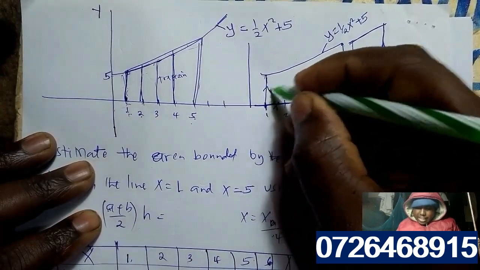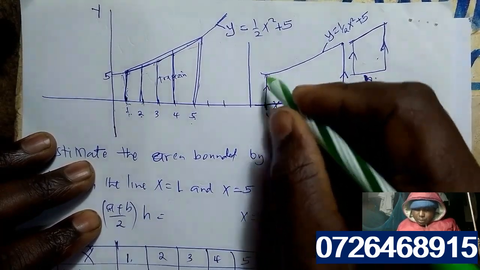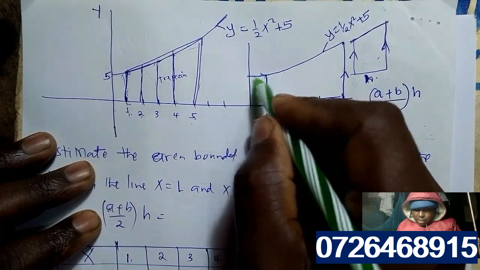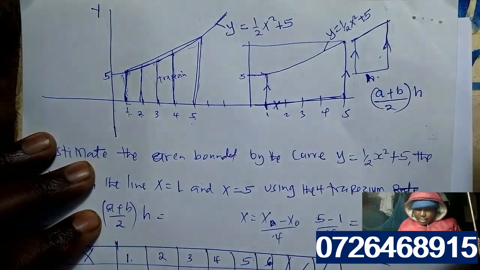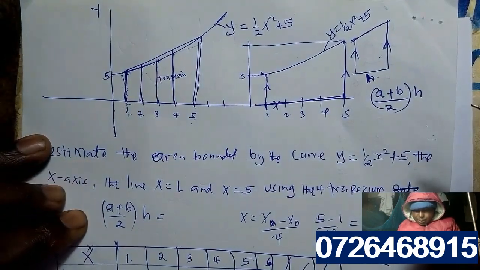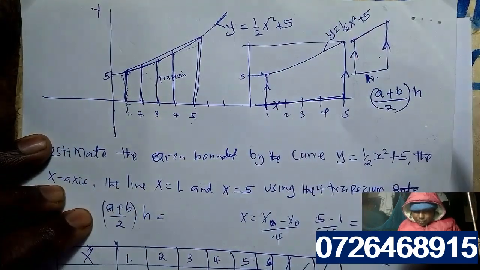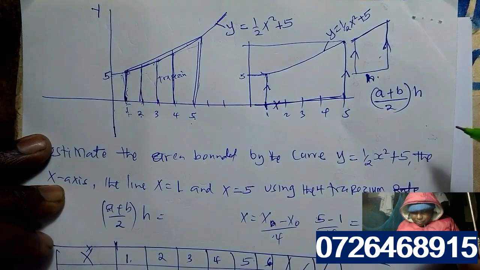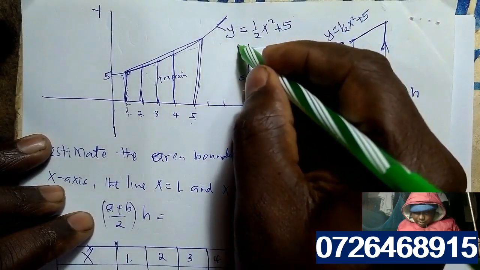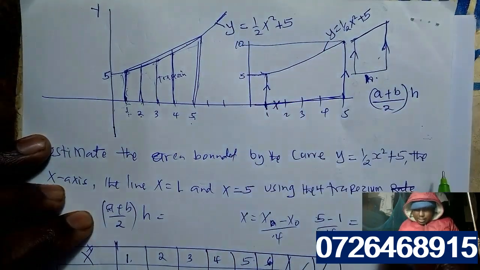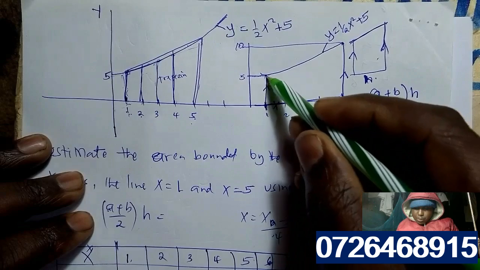So this line and these lines are parallel. We will take from here up to here. If here is 5, and then here, for example, we can say the height it is reaching is, which one can we take? We can take even 10, assuming that is 10. Then we will be able to calculate. So we know from here up to here is 5.